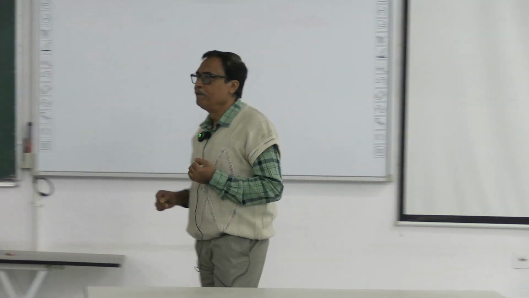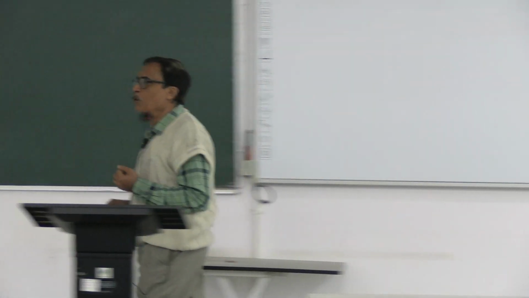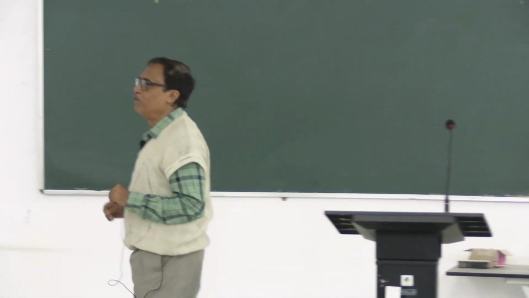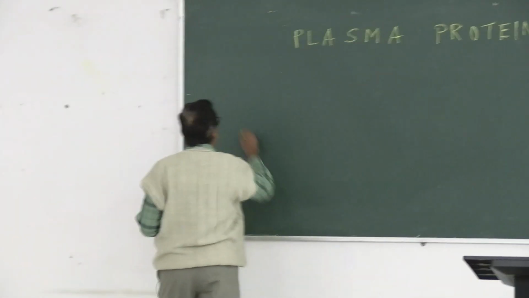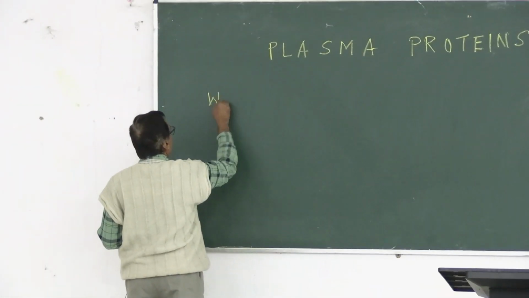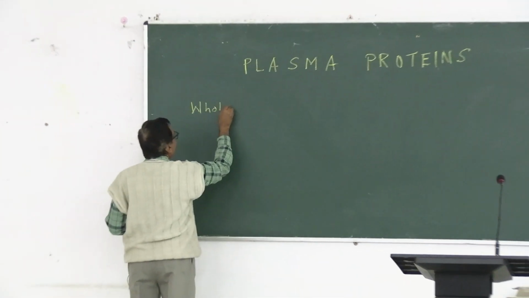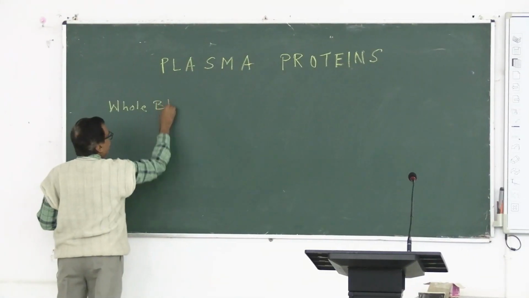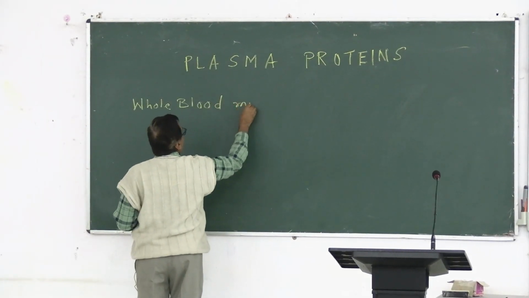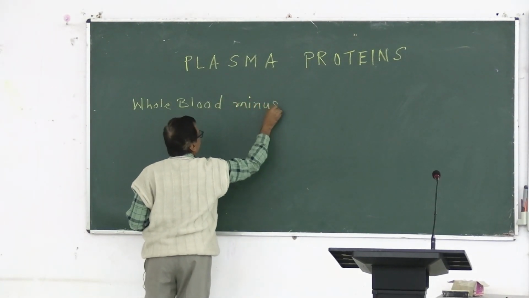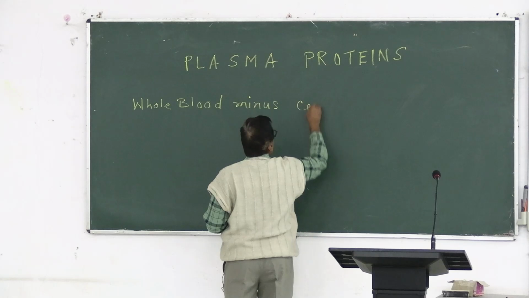Plasma is the non-cellular portion of the blood. That means whole blood minus cells.